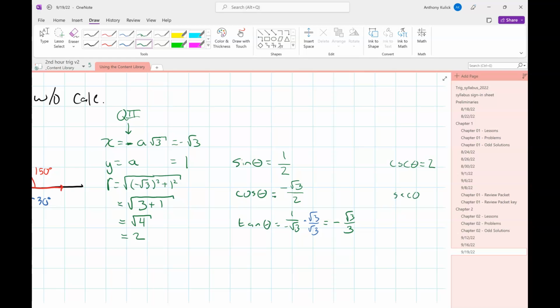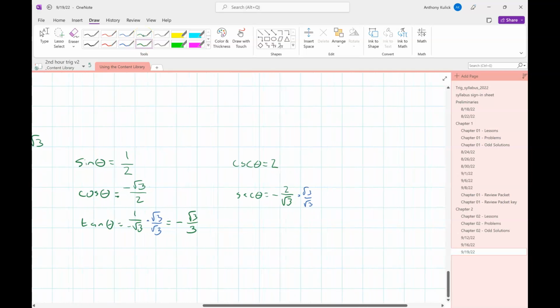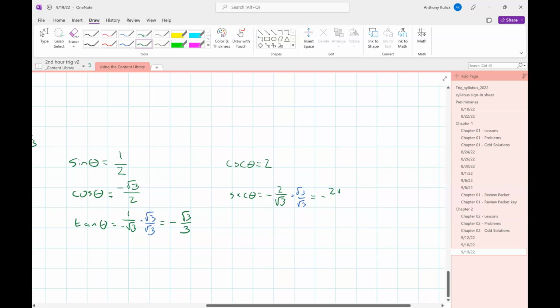My value for secant is going to be, except I'm going to put the negative sign just out front and just call it negative 2 over root 3. Got to rationalize our denominators again. And then cotangent is going to be negative root 3 over 1, or I'll just call that negative root 3.